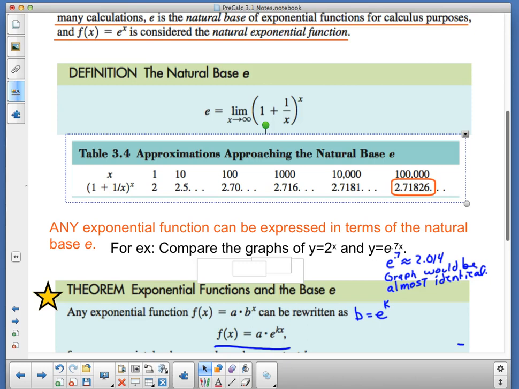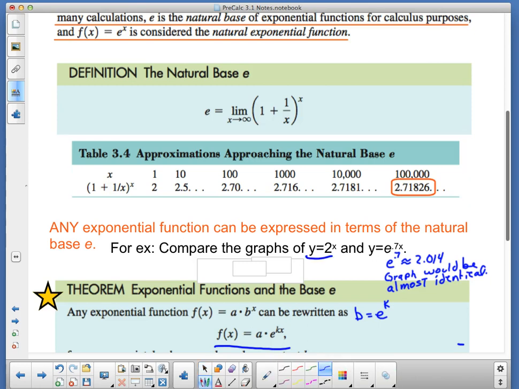Now, in our last graph, there wasn't much of a change. It went up faster. When we looked at it at first, the first couple didn't seem to change much. But if we compare e to the 2x and e to the 0.7x, where e to the 0.7 power roughly approximates 2.014, we're going to find out that the graphs would almost be identical.